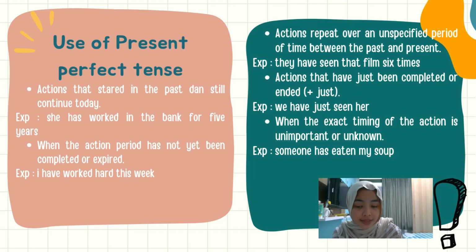Use of present perfect tense. First, action that started in the past and still continues today. Example, she has worked in the bank for 5 years. Second, when the action period has not yet been completed or expired.